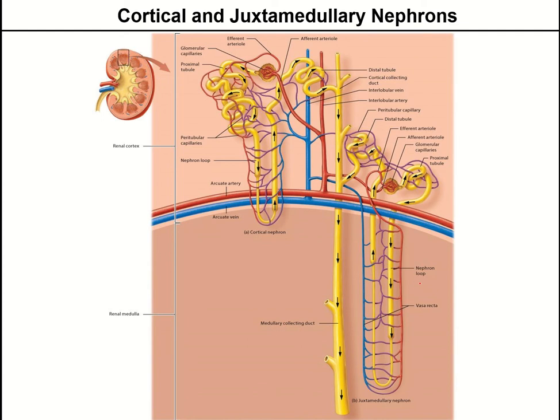And when we're looking at juxtamedullary nephrons, they will also have a portion of the capillary beds surrounding the nephron loop, called the vasa recta. And so notice how there's like a second capillary bed with these.